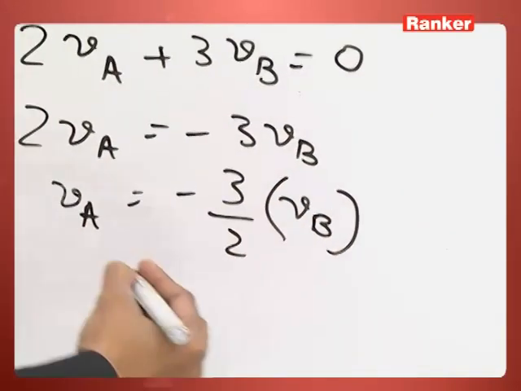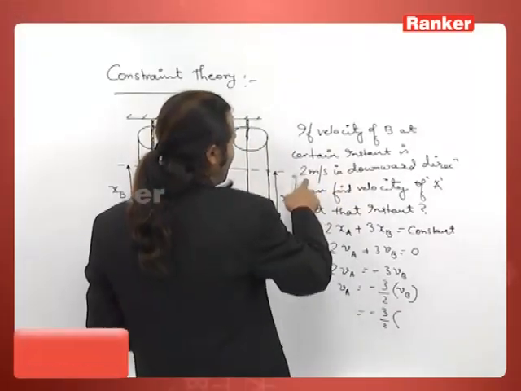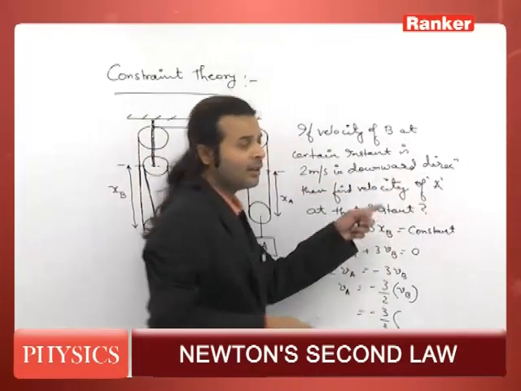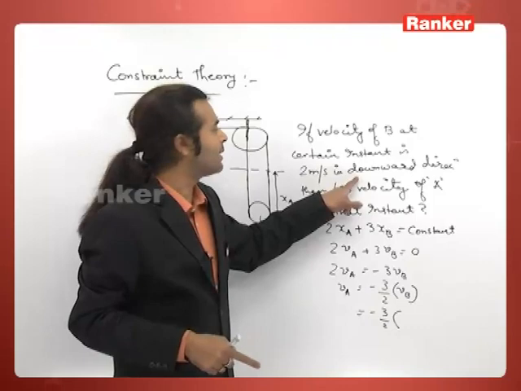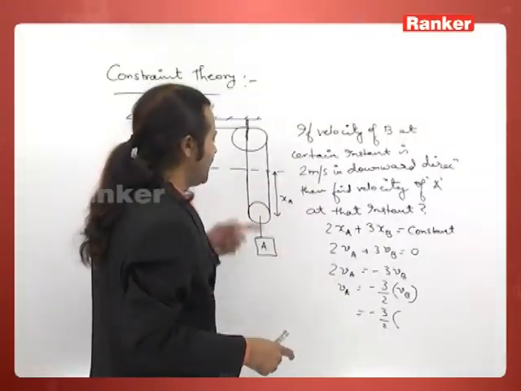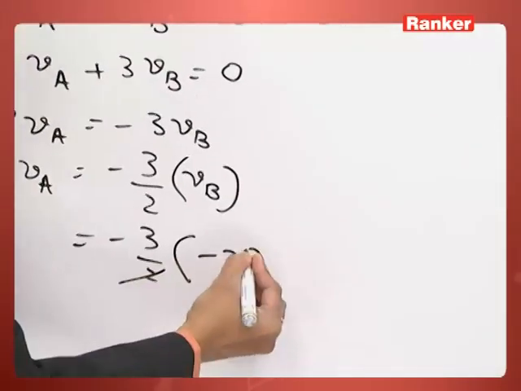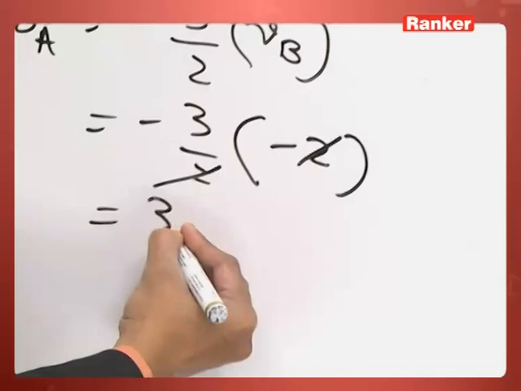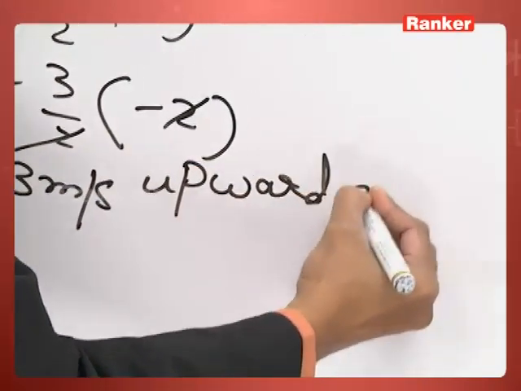Now vb, here I take 2 meter per second in downward direction. So while taking the velocities, you must be very much concerned about the directions. Downward I take to be negative, so vb is minus 2. So this cancels, minus minus plus. So this is 3 meter per second in upward direction.